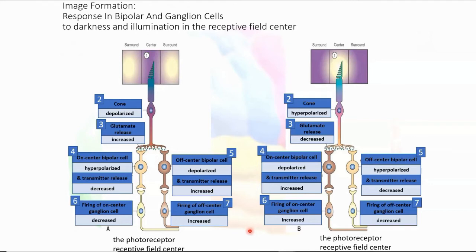This small receptive field allows the ganglion cells to encode fine details of the visual field. Next, the axons from these ganglion cells send the visual information all the way up the neural pathway to the visual cortex.